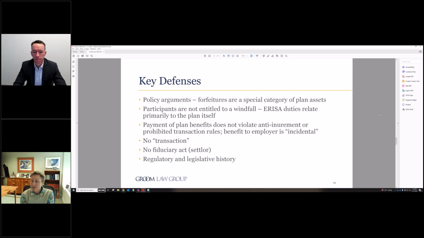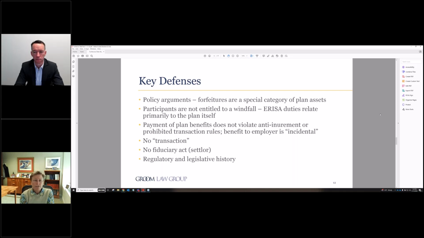Helpful. So there is the policy argument, right? We talked about, wait a minute, forfeitures really are a special category of plan assets. The IRS says they're a special category. They clearly can be used to offset employer contributions.